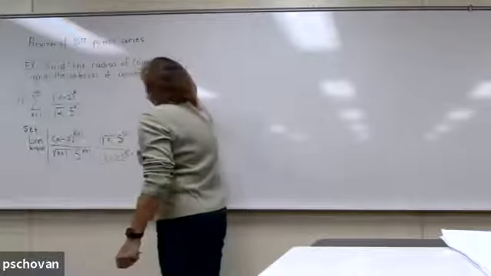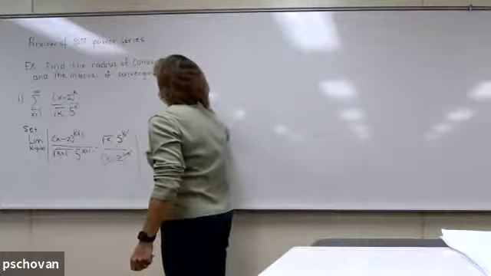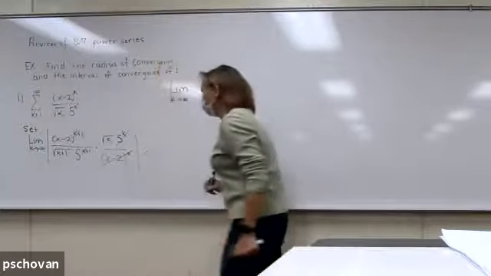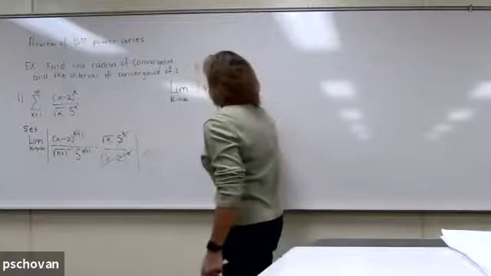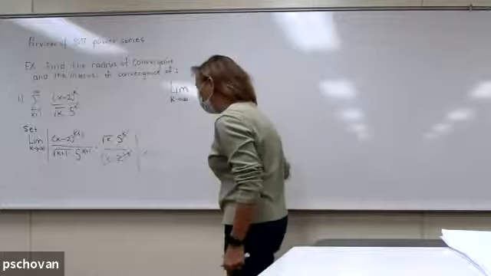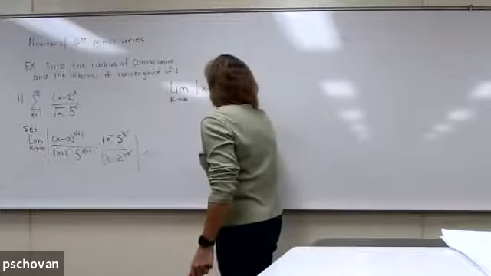And we'll have the limit as k goes to infinity. Here's the x minus 2. Then what I have left in there is the square root of k, and then the square root of k plus 1 multiplied by 5.